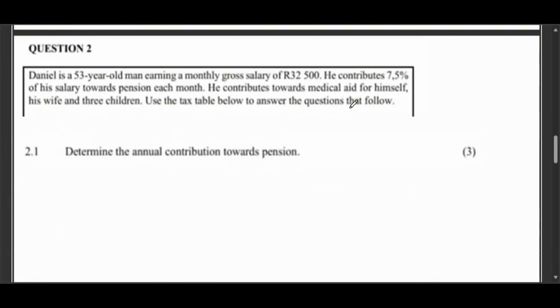Straightforward. They're asking us for the annual contributions towards pension. So what we're going to do, we shall take 7.5 divided by 100 times the money the person gets every month. So get your answer. Let's see what our answer is here.